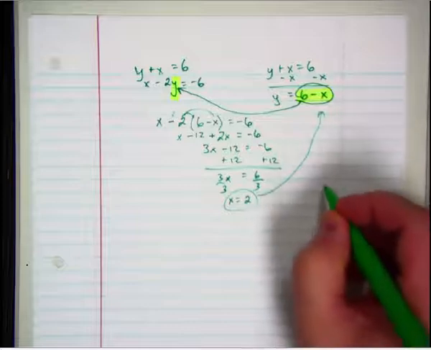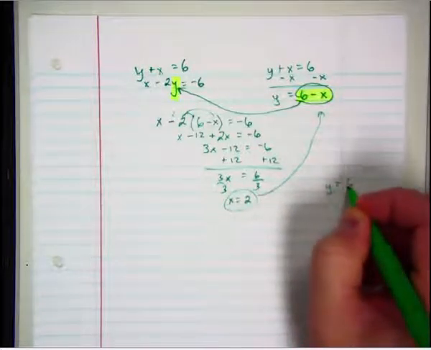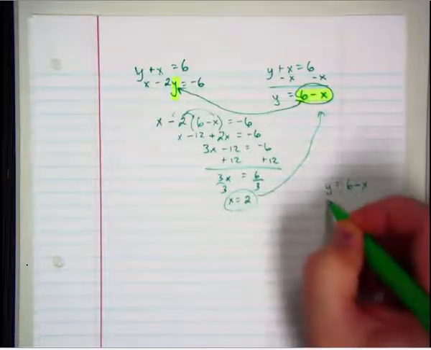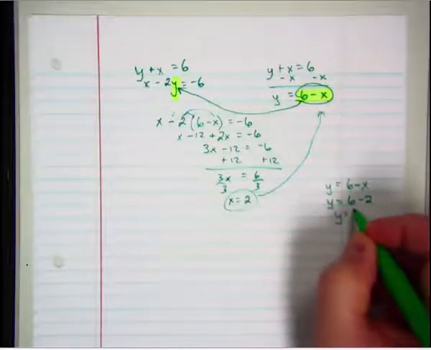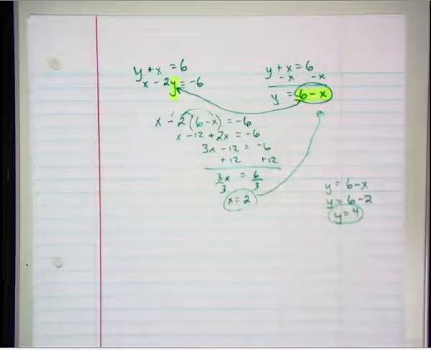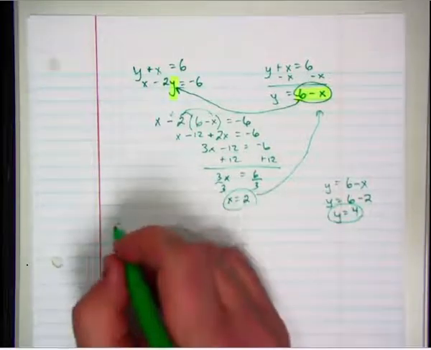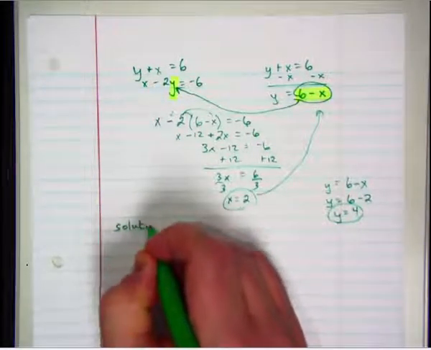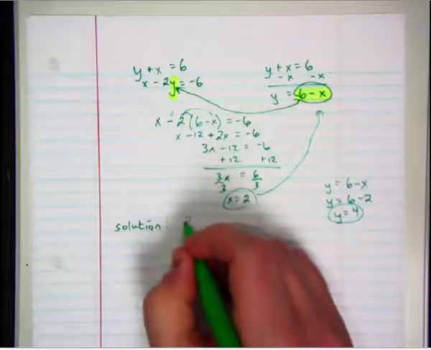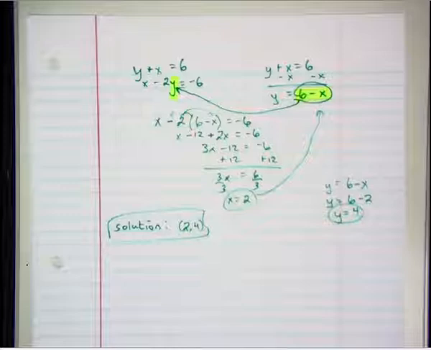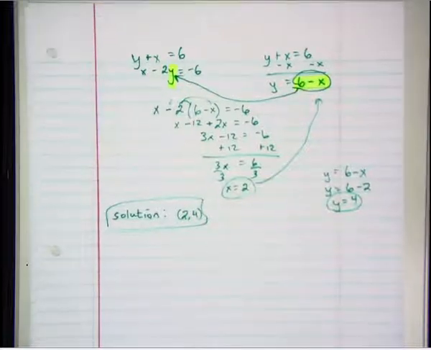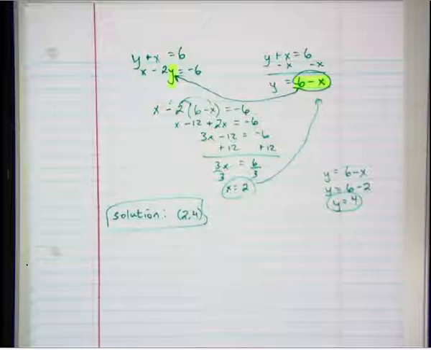Okay, so all I have to do is y equals 6 minus x, but now I know that x is 2, so y equals 4. I have my x, I have my y, so my solution is the point 2, 4. That, if I graph these equations, would be the point of intersection. Okay? That's the basic idea of substitution.